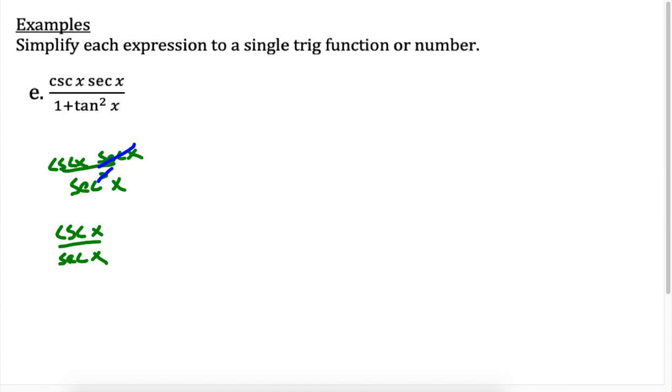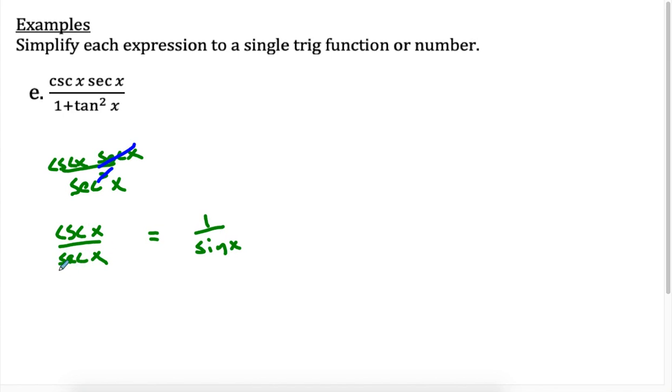So now it's probably going to be easier to think about these in terms of sine and cosine. We know that cosecant is equal to 1 over sine. So I'm going to split these up for now. I'm going to write cosecant as 1 over sine. And then I know that secant is the reciprocal of cosine.